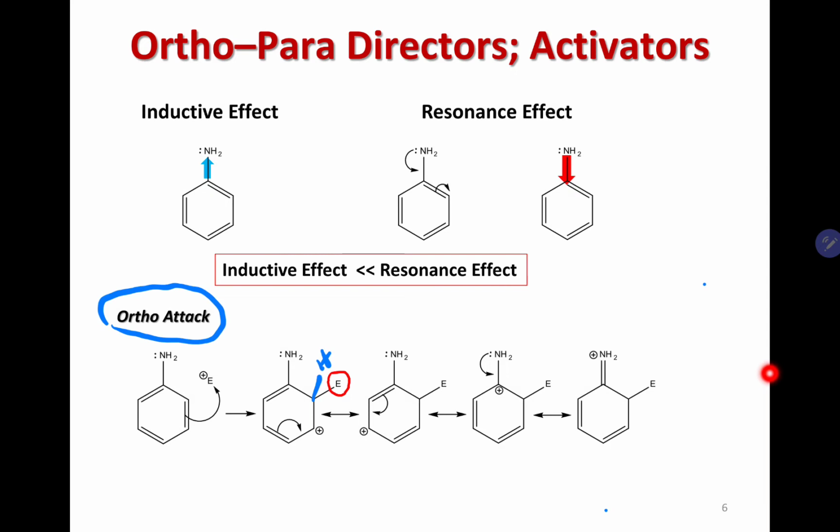So we know that ortho attack should be good for aniline. Why? Because according to the resonance effect, we learned that aniline actually helps ortho and para attacks, right? And when we examine these 4 resonance structures, we also realize that the last resonance structure is relatively more stable, which means every carbon in this benzene ring has an electron octet, but the carbons in these other resonance structures only have 3 bonds, so they only have 6 electrons, right?